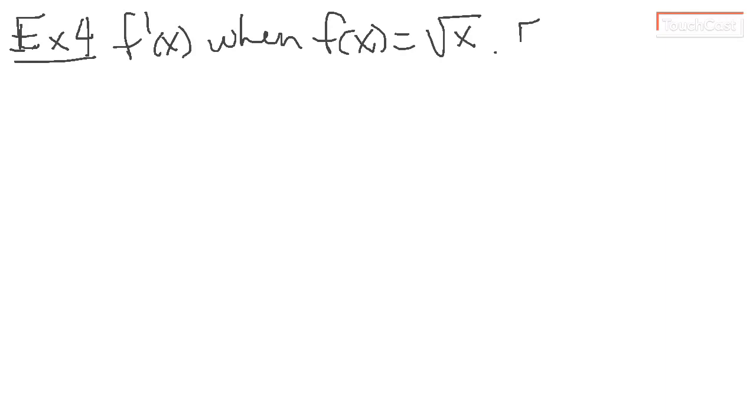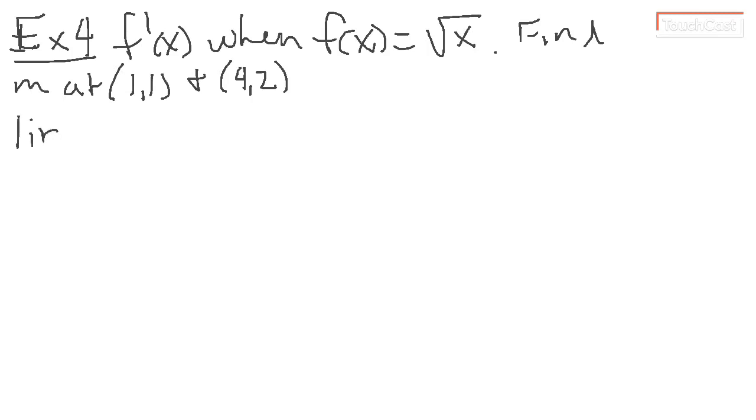We want to find m, or find the slope, at the points (1, 1) and (4, 2). First we need to go through our limit process to figure out the derivative of this problem.